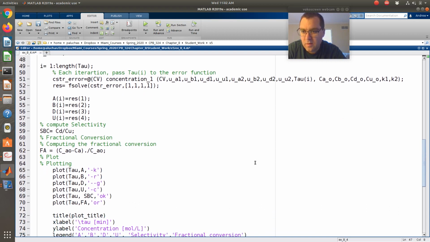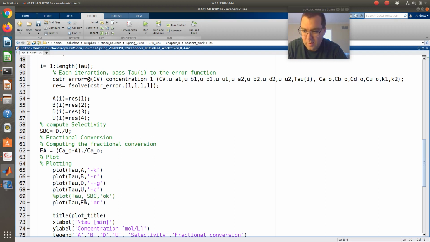Okay, selectivity. Again, you're storing these in variables D and U. All right, so this would be D, and then the vectors would be D period divided by U. Fractional conversion. So again, your notation is CA underscore naught minus CA is actually A. Okay, so it's just a little subtlety with your notation.